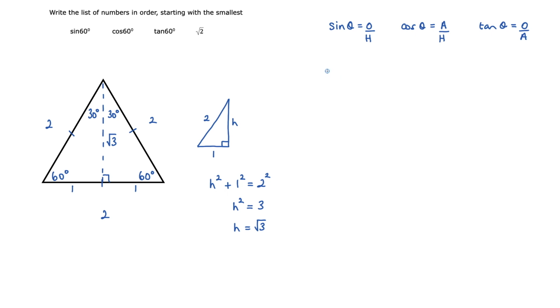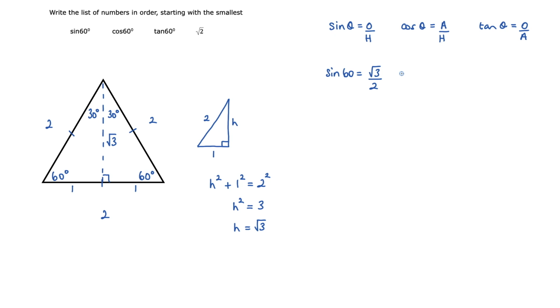In our case, we've got sine 60, which is opposite over hypotenuse. So looking at this triangle, opposite 60, we have root 3, and the hypotenuse is 2.